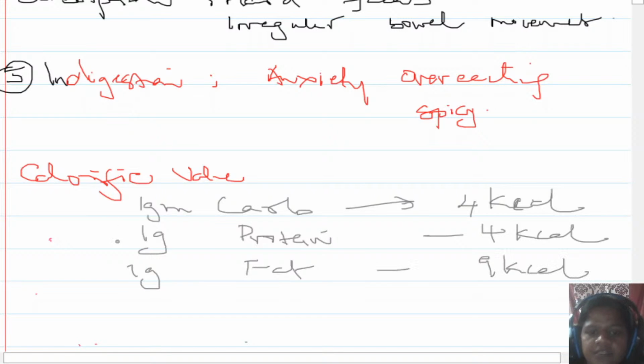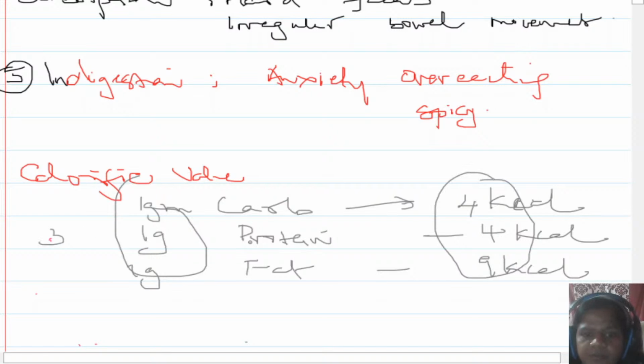If they give you this, you can calculate, right? If they give you 3 grams of protein, you just multiply it by 4. So you'll get 12 kilocalories from 3 grams of protein.